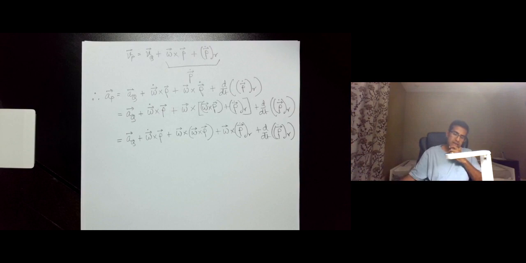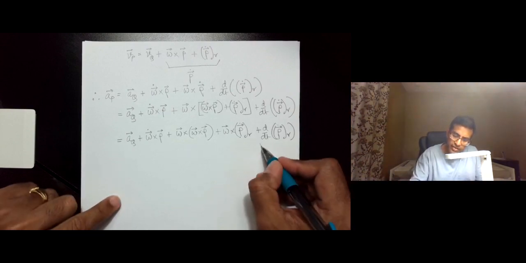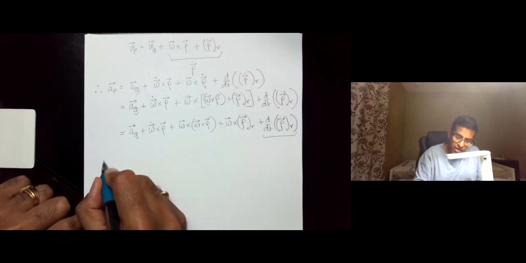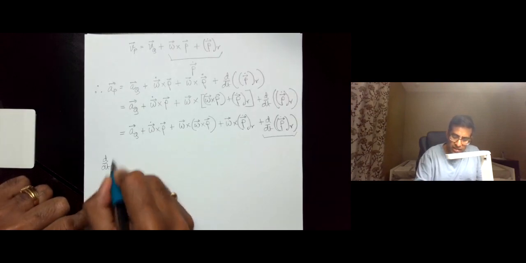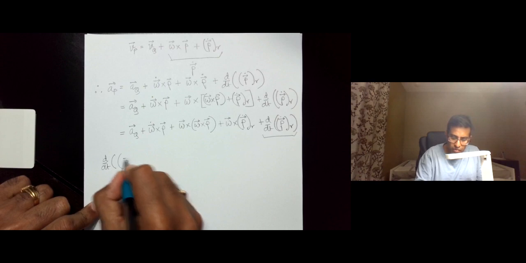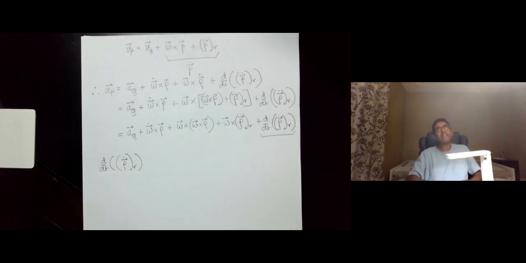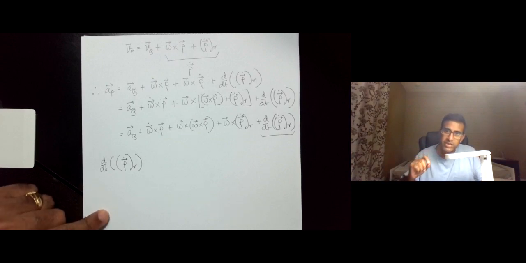Okay, now let us consider this acceleration term. So now consider this d dt of rho dot r. This is the acceleration of that relative velocity within the rotating frame.